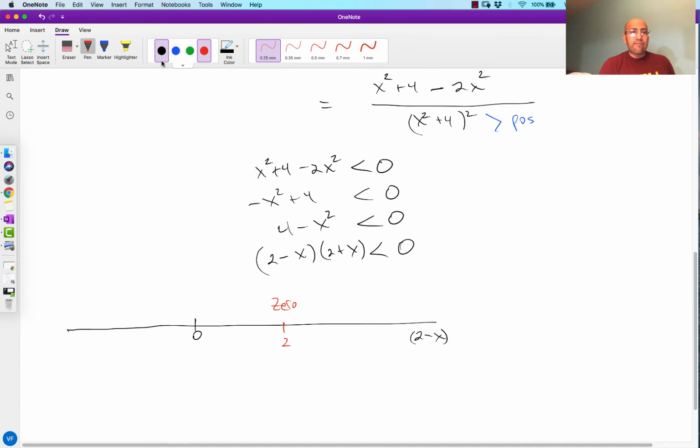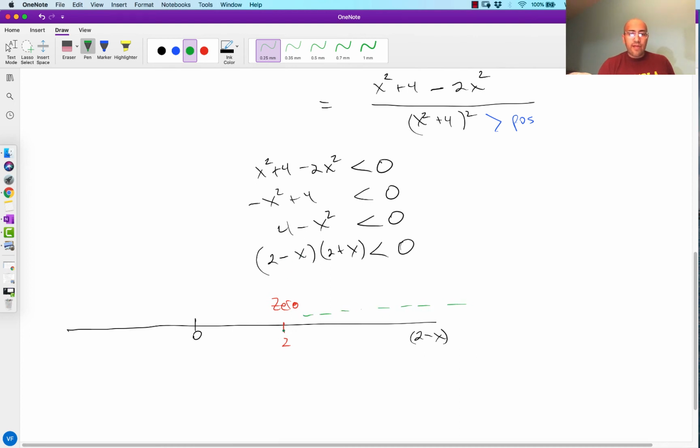And then if we put any value bigger than that, we end up getting negatives. So if we put in a 3, a 4, a 5, 2 minus 3, 2 minus 4, 2 minus 5, we end up getting negatives in that direction.